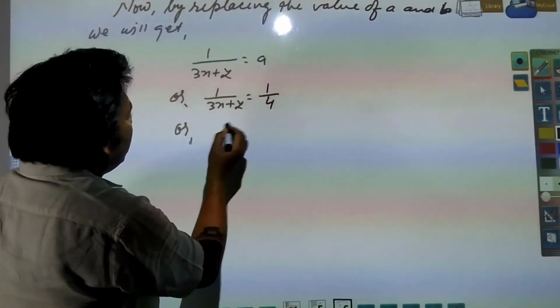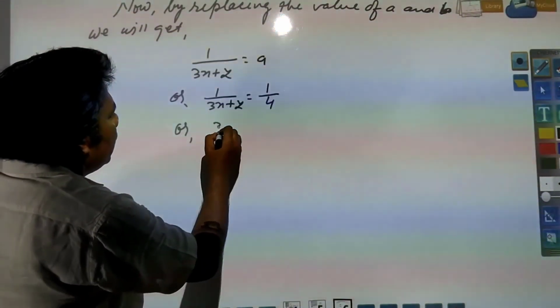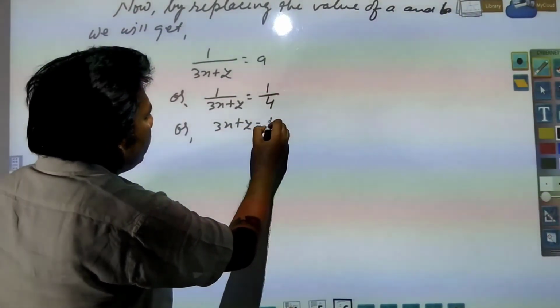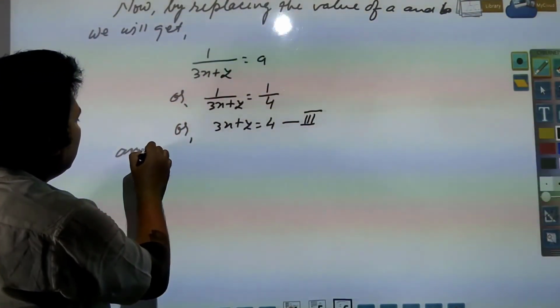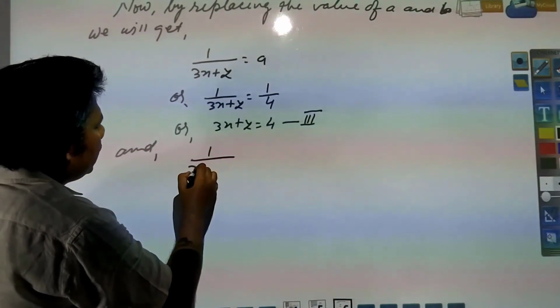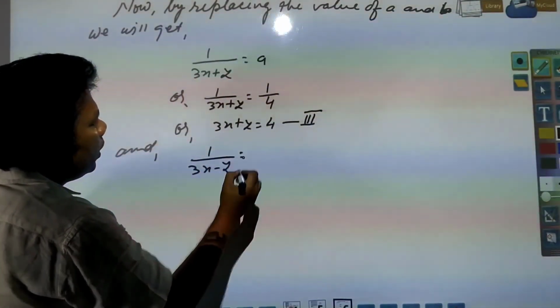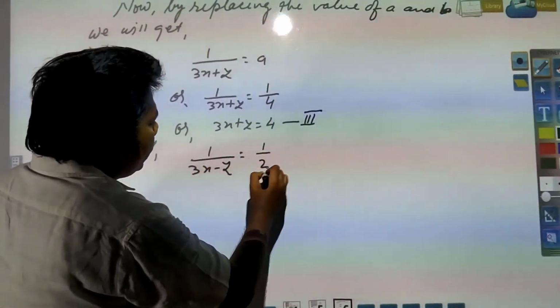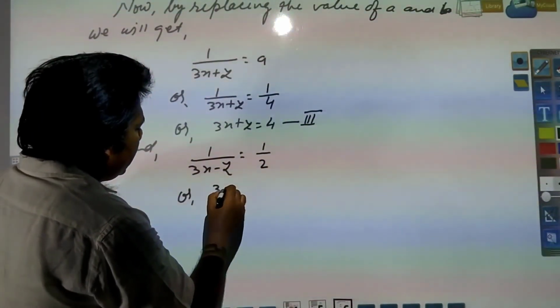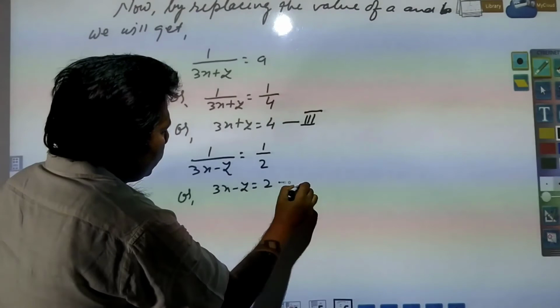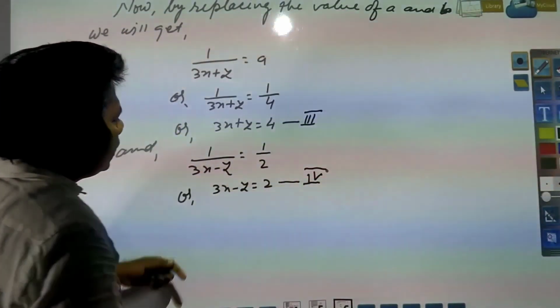If we do cross multiplication, what we will get is 3x plus y is equal to 4, suppose this is the third equation. And 1 by 3x minus y is equal to 1 by 2; if we cross multiply, then we get 3x minus y is equal to 2, this is your fourth equation.